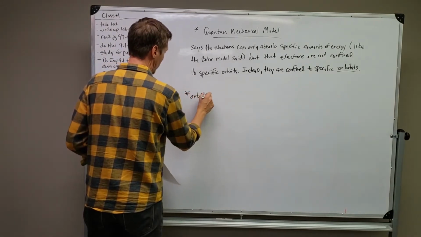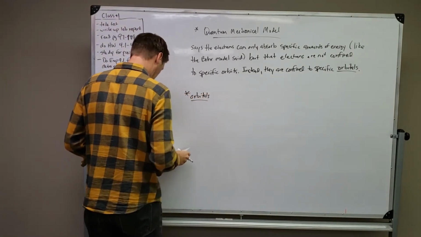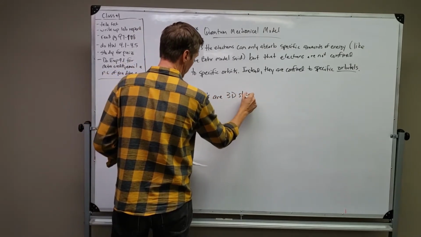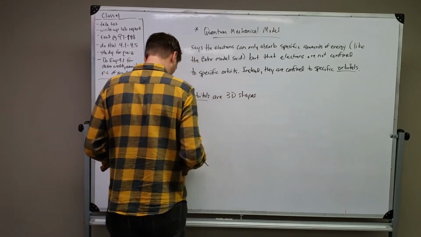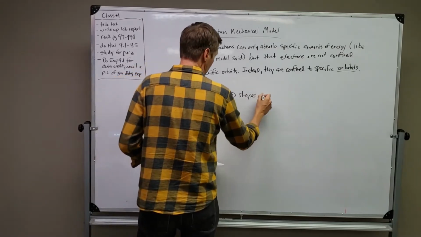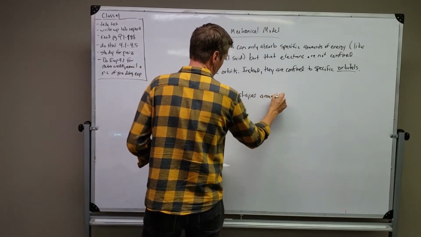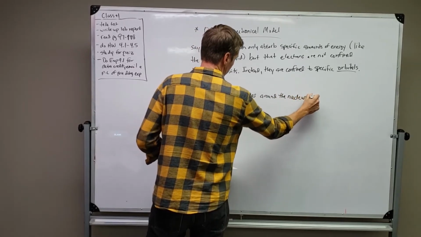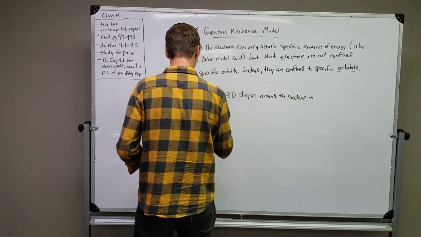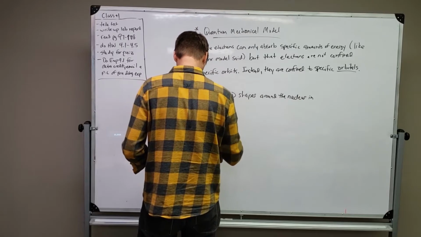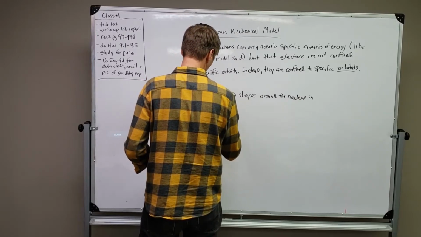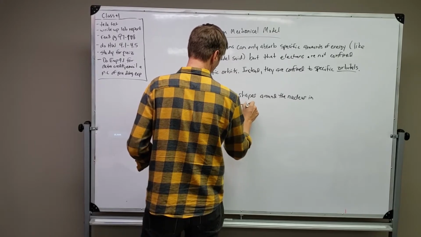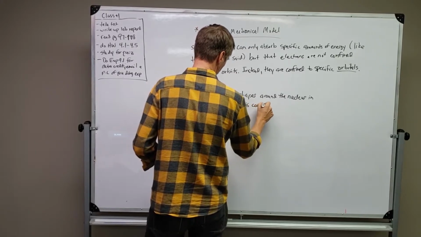Orbitals are 3D shapes around the nucleus in which an electron is constrained.